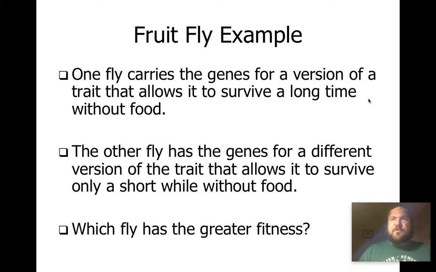So let's go back to our fruit fly example at the beginning of yesterday's lecture. We have flies, and one fly carries a gene or a set of genes for a version of a trait that allows it to survive a long time without food. So that's our starvation resistant gene or sets of genes. The other fly has genes for a different version of that trait that allows it to survive only a short time without food. In that system, within that context, which fly has greater fitness?